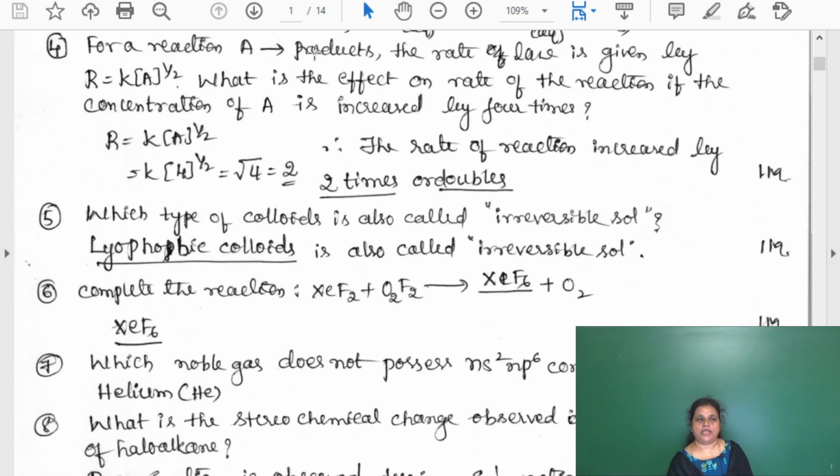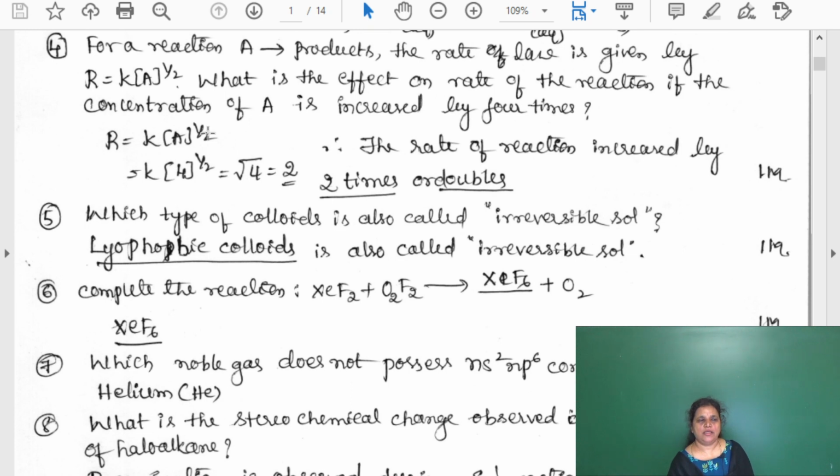For a reaction A gives products, the rate law is given by R is equal to K into A to the power of half, because it shows molar concentration to the power half. What is the effect on rate of the reaction if the concentration of A is increased by 4 times? Here the molar concentration of A is increased by 4 times, so 4 to the power of half.